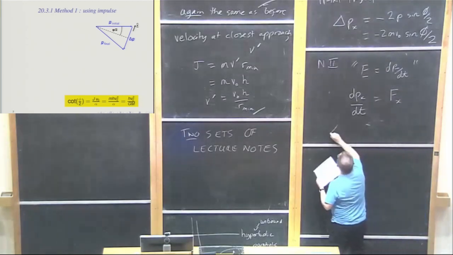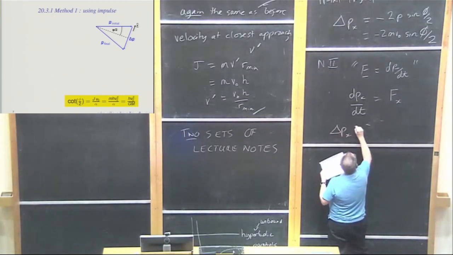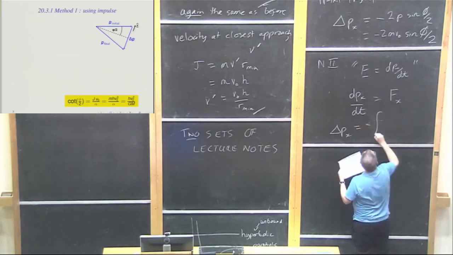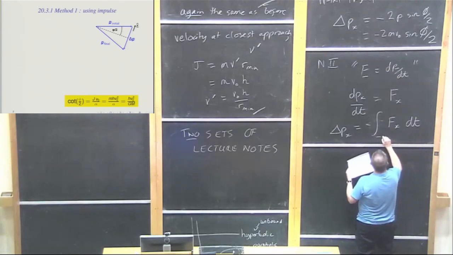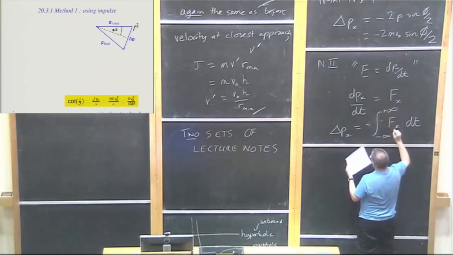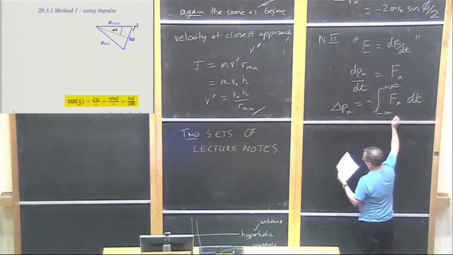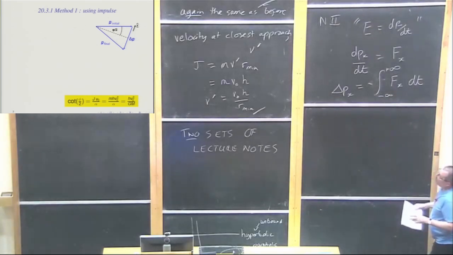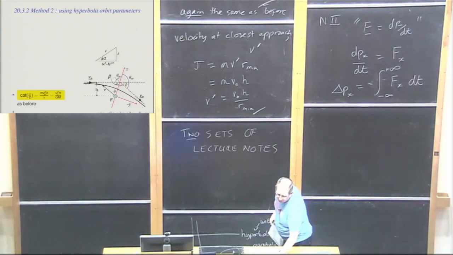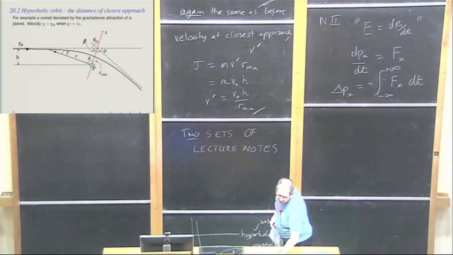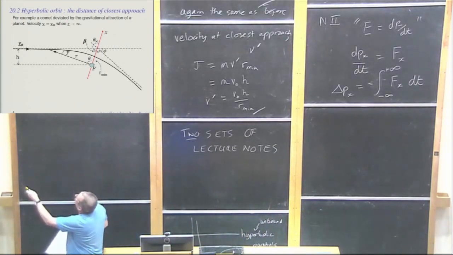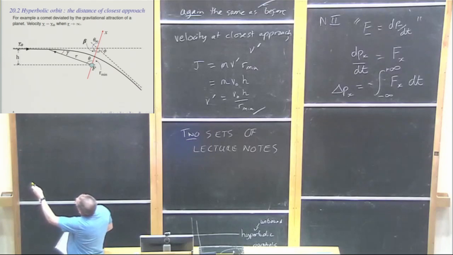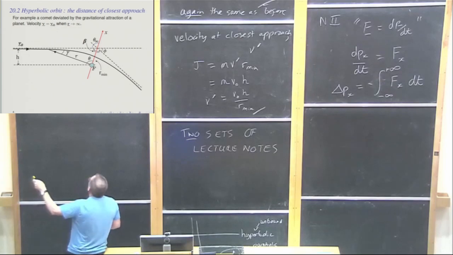Therefore the total change of momentum is going to be given by the integral of the force in the x direction over time from time equals minus infinity to plus infinity. So what is this force? Well, the force is, of course, coming from the gravitational attraction, and we know what the expression for that is. But because we're interested in the x direction, we're going to have to resolve that along this axis.